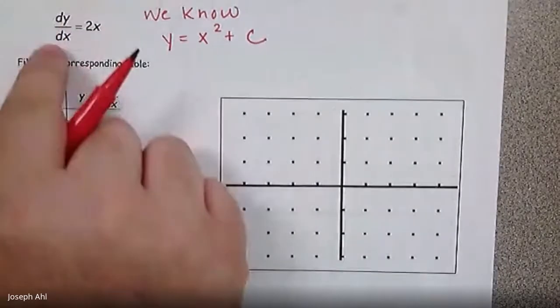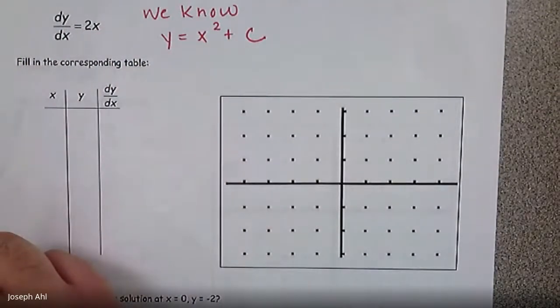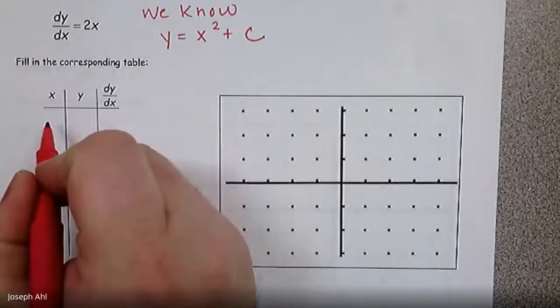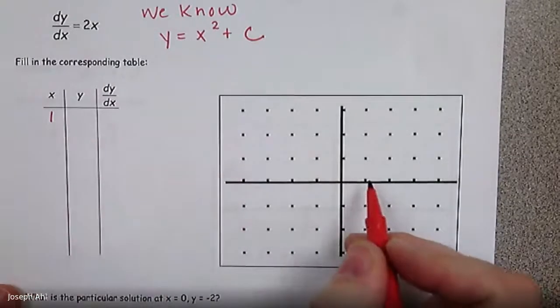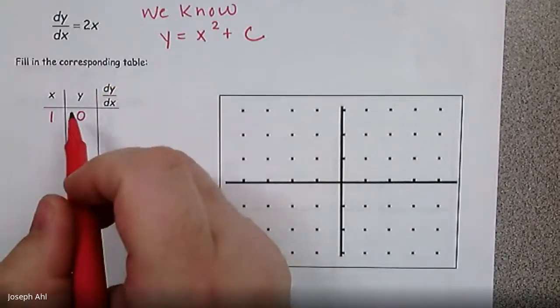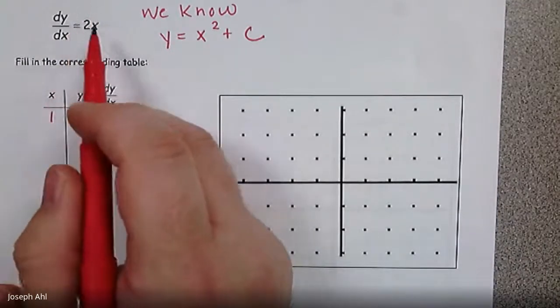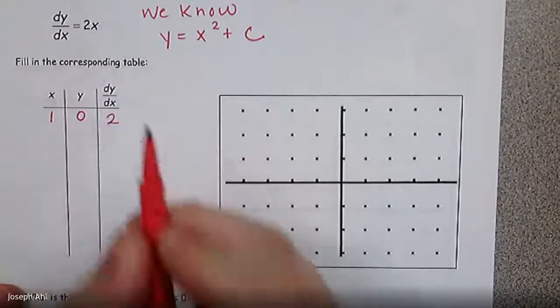And the slope is according to that dy/dx equal to 2x. So for example, if we start by considering what happens when x equals 1, let's go at this point right here, x equals 1 and y equals 0. You'll notice that our dy/dx equation is only dependent on x. So 2 times 1 would be 2 for the slope there.